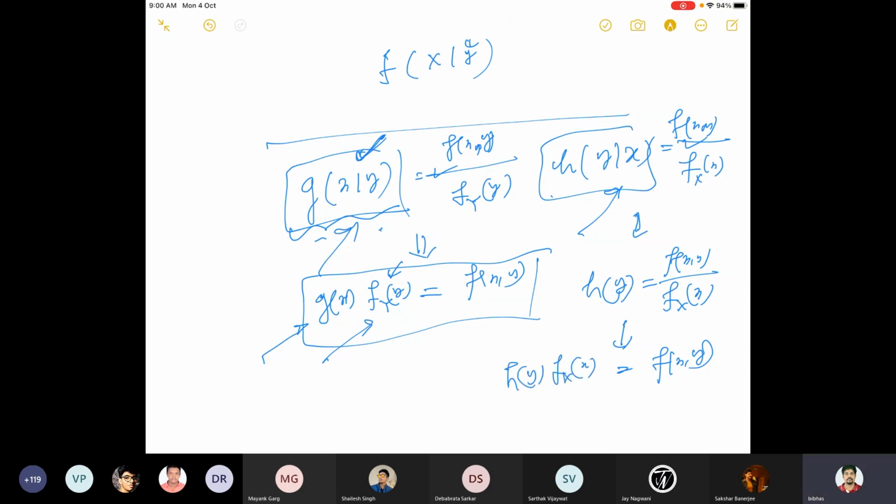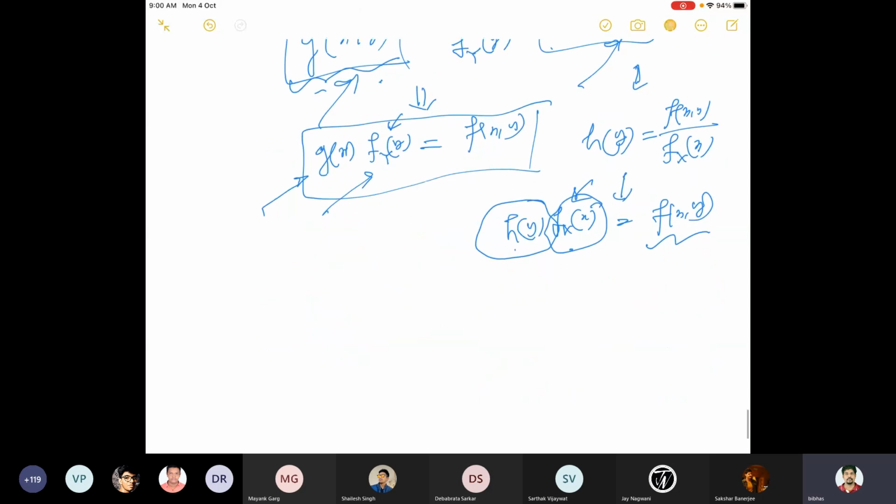And this is actually the definition of independent random variables: when the joint distribution can be factored into two functions, each a marginal distribution, one corresponding to y and the other corresponding to x.